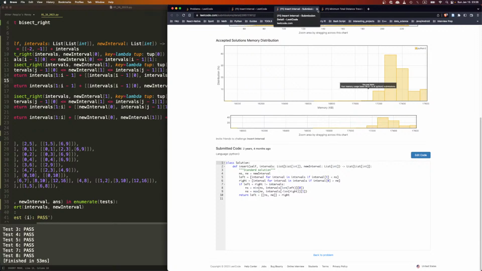The new interval is going to be intervals left: we pick the smaller of the two starts, and then we pick the larger of the two ends, and we use intervals right.